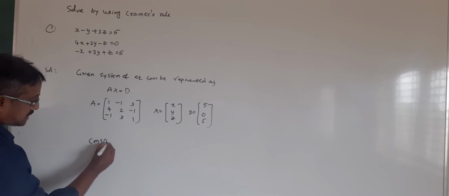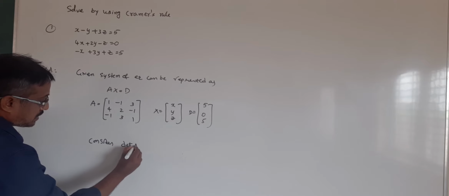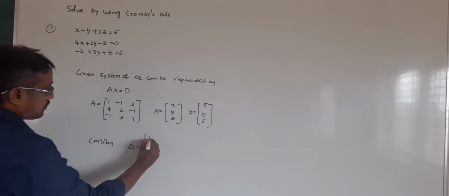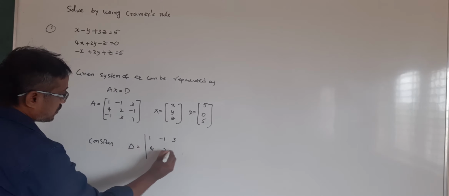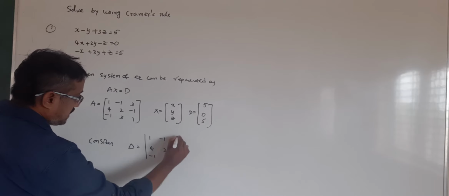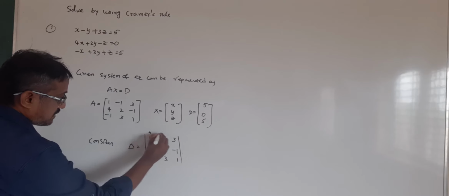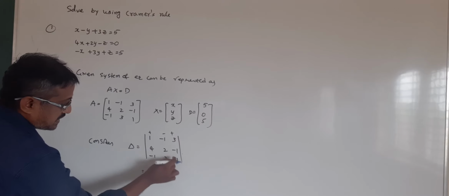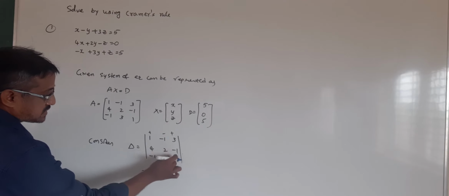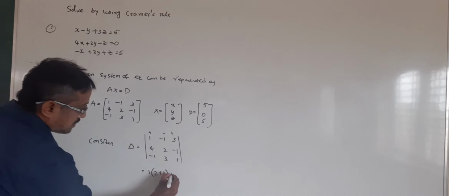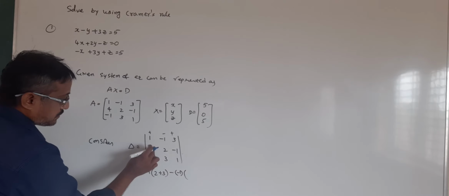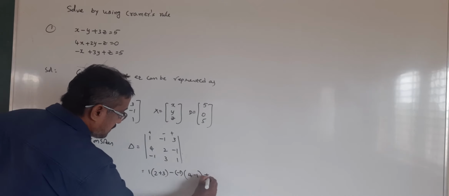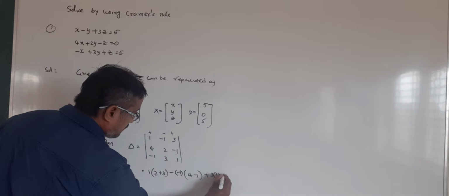Now consider det A or delta. So delta is equal to the determinant 1 minus 1 3, 4 2 minus 1, minus 1 3 1. So the result will be 1 into 2 plus 3, I am taking the determinant of the 2 by 2 matrix, 2 plus 3, minus of minus 1 into these 4 elements, 4 minus 1 plus 3 into 12 plus 2.